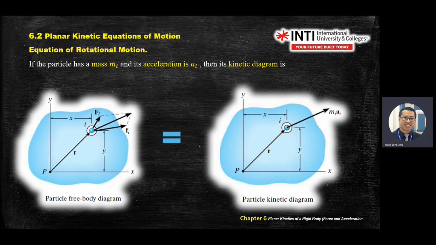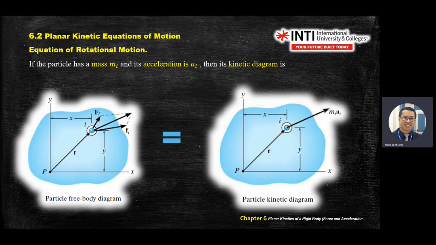Then later, with the free body diagram and kinetic diagram, because forces with distance give you moment. Again, what is moment? F times d. So if you're given distance, you can get all the moment from the free body diagram to equal all the moment from the kinetic diagram.